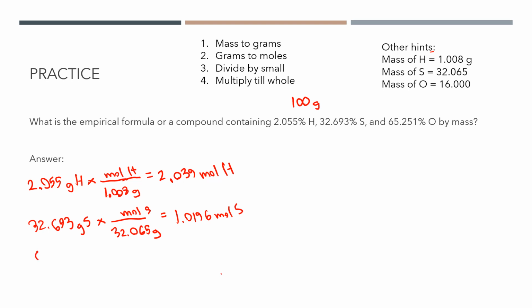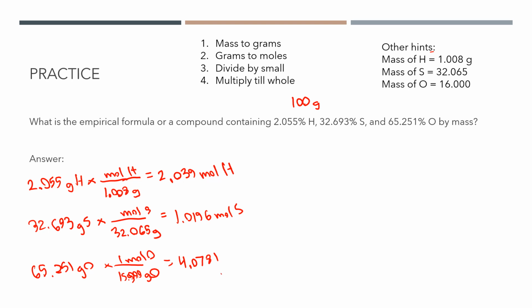65%, that's going to be 65 point, here, let me draw it lower. 65.251 grams of oxygen. Convert that to moles. Those are all nines, they look like zeros, but moles of oxygen, that gets us 4.0781.